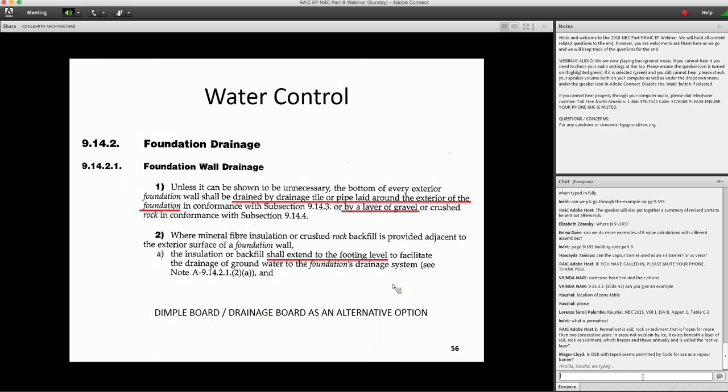In this case, the code is telling you, unless it can be shown to be unnecessary, the bottom of every exterior foundation shall be drained by drainage tile or pipe laid around the exterior of the foundation. It's also telling, or by a layer of gravel or crushed rock, which is also very good for what I told you about frost heave.